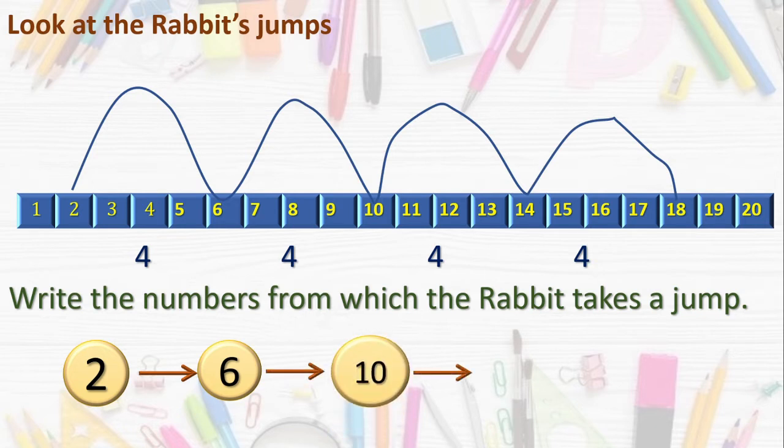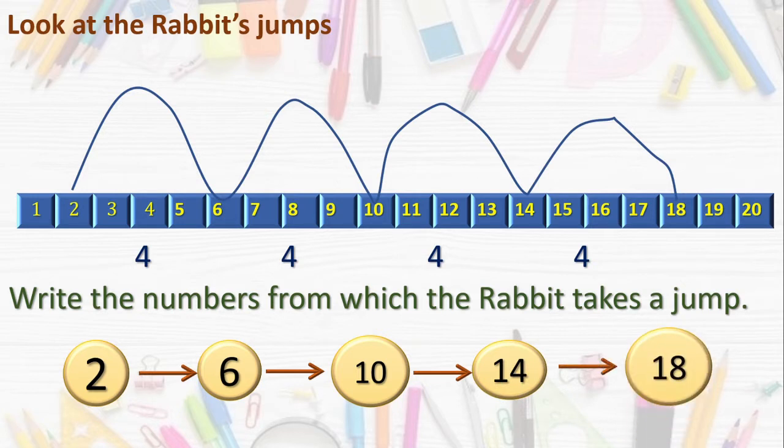Then from 10 to 14 and from 14 to 18. Yes, dear children, here we can say the rabbit jumped starting from 2, counting in steps of 4. Right? Got this, children? The difference is the same in each and every counting. Correct?